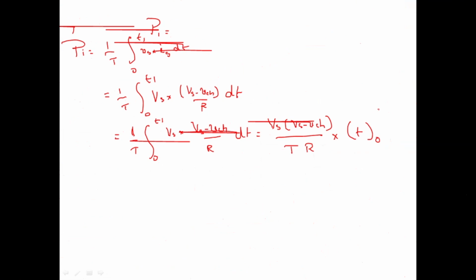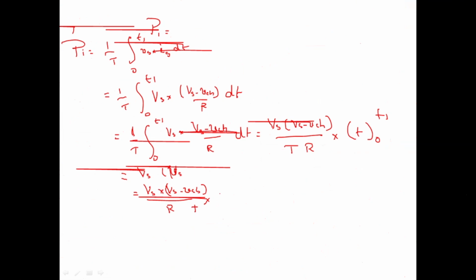That is Vs into Vs minus V chopper divided by R.